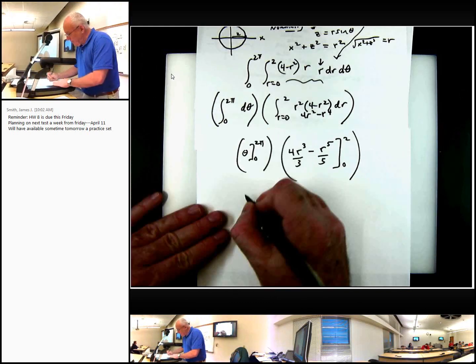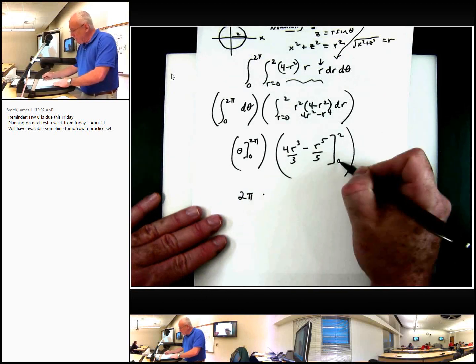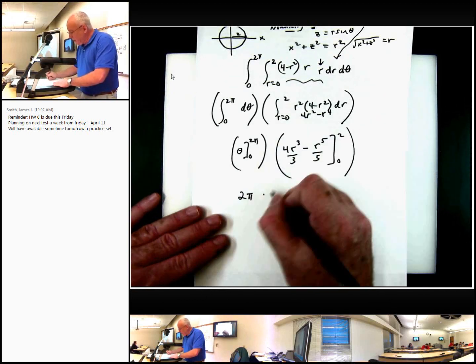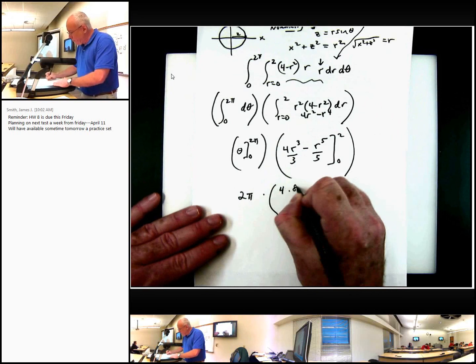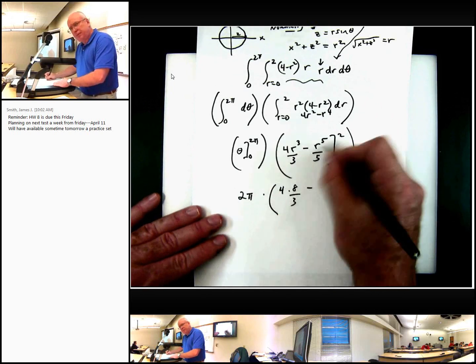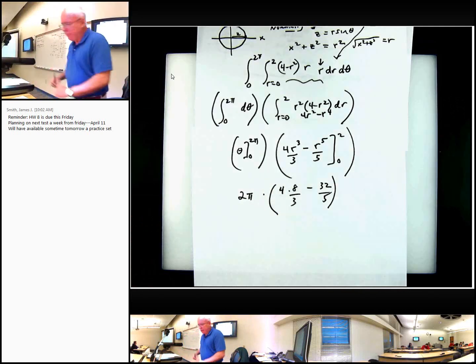So we have 2 pi for the first integral, and then here, let's see, 0 down below, so those will just 0 out. So this will be 4 times 2 to the 3rd, which is 32 over 3, minus 2 to the 5th, 32 over 5, like that.